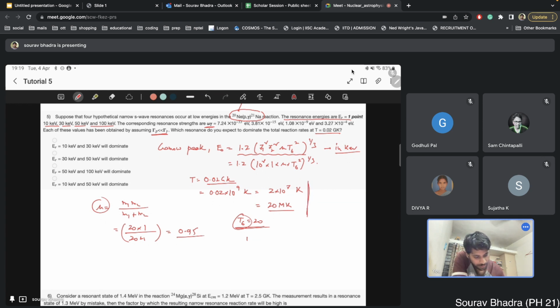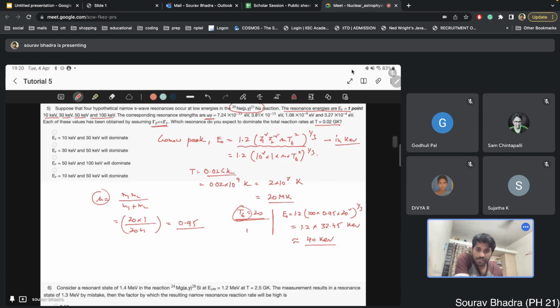So E0 is 1.2 times 100, mu is 0.95, and T6 is 20, right. So this will give you a value of 1.2 times 32.45 keV. That means roughly 40 keV you can say, or to be precise 38 point something, roughly 40 keV we are using. So it is the E0.